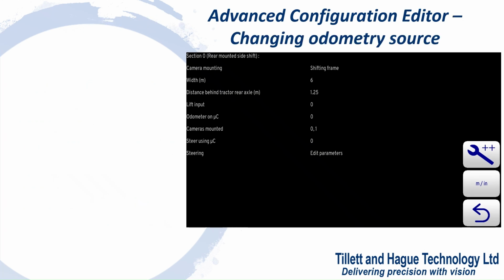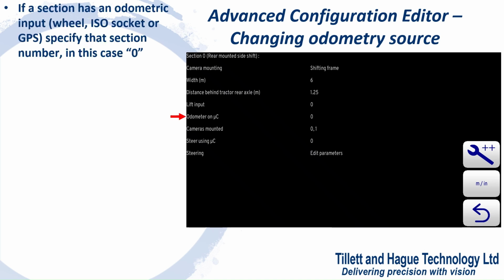On this page, we will specify the source of odometric data. If a section has odometric input from an external source, ground wheel, ISO 11786 socket, or GPS speed sensor, you need to specify which microcontroller it is connected to. Our Intro systems almost always have just one microcontroller per section, so microcontroller and section always have the same index number starting with 0.